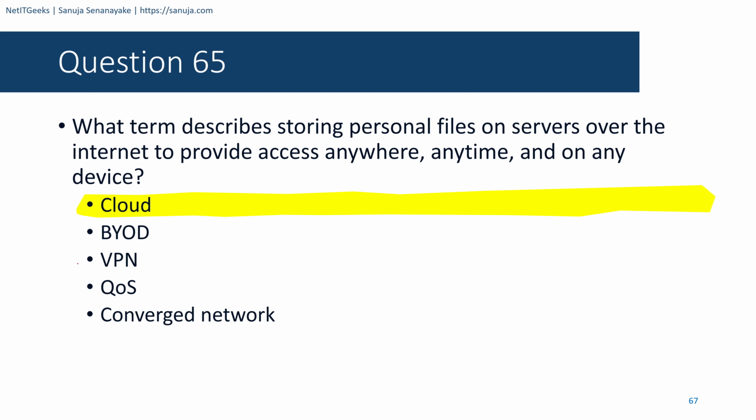VPN allows your people to access data from your network, but it's not stored the way the cloud stores data, where you can access it anywhere, anytime, even without a secure connection. Sometimes you can access cloud data. So the answer to this question is cloud. Again, VPN hasn't even been covered at this point in the CCNA class.